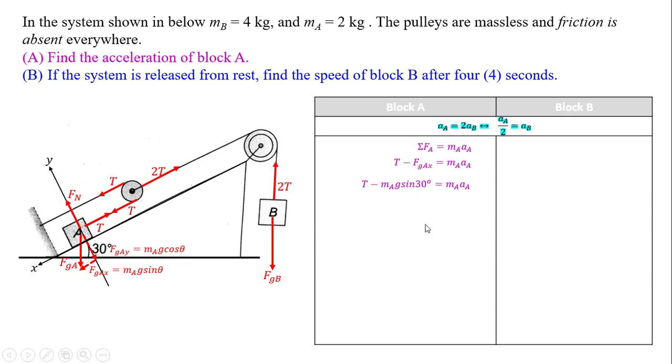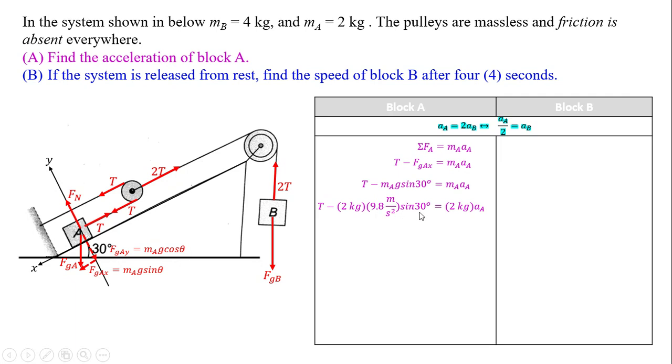Okay. Well, here I need to find the acceleration a_A, right? Because part A ultimately asks for the acceleration of block A. So I need to keep a_A in my equation. Well, I can just go ahead and introduce stuff now. Whatever it is that I know: m_A is 2 because it's given. g is 9.8 because the negative sign is already accounted for. So here it's just positive 9.8 in the parentheses.